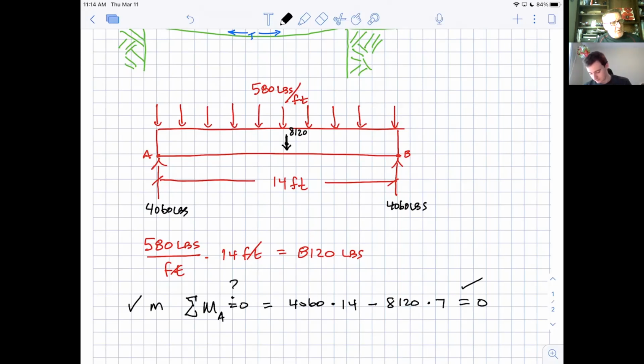So it's not rotating either. But we didn't have to do that this time to figure out 4,060, because we knew it was symmetrical. So we knew it'd have to be split evenly. If that was a triangular load or a trapezoidal load or some different type of loading, or if I came back and I took part of it away, let's say that only exists up to here, and there's a whole bunch where there's none, that would complicate it.